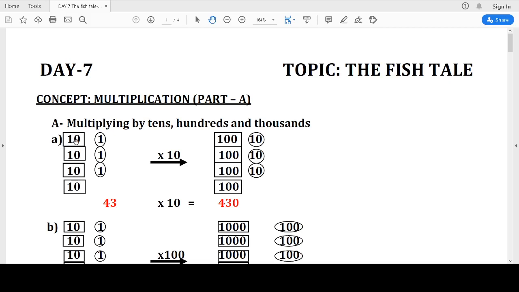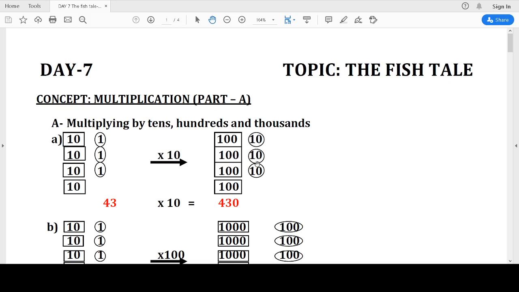You can clearly see this is 10, 20, 30, 40, and 3. So, 43 into 10. If we are multiplying 43 by 10, then the result will be, see what we can do is, when we are multiplying, 10 tens are 100. So each box here converts into 100, 100, 100, 100, and here 1 ten is 10.